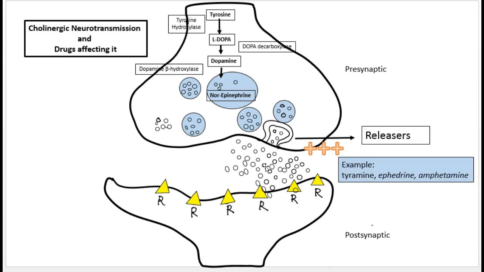Classical examples are tyramine, ephedrine, amphetamine-like drugs. These drugs increase the release of neurotransmitter, and hence they are called indirectly acting sympathomimetic agents, because their action is indirect. By increasing the release of norepinephrine, they increase the action of the sympathetic system.